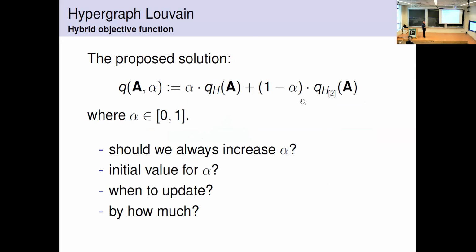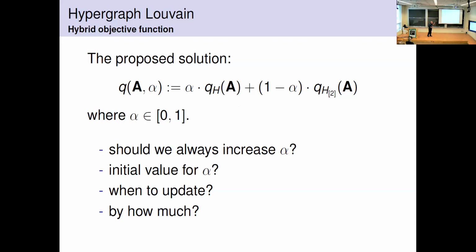And then QH2 is just a graph or two-section modularity, okay? So basically, we're going to turn the knob gradually from alpha at some initial value all the way, likely all the way to 1, because at the end of the day, that's what we want to optimize, okay? But doing that will help us lift from the ground and then make the algorithm work, right?